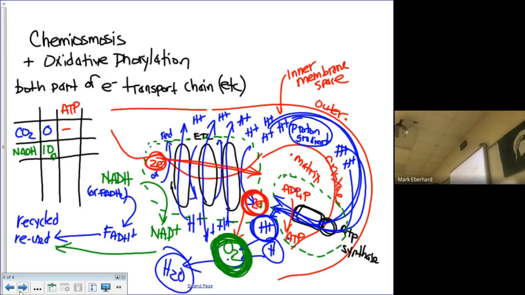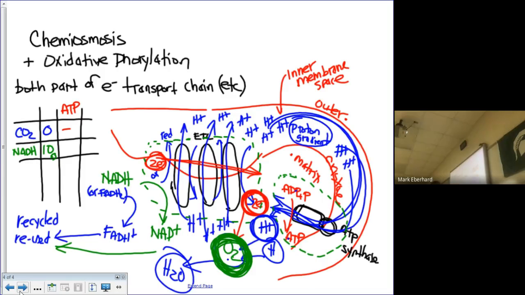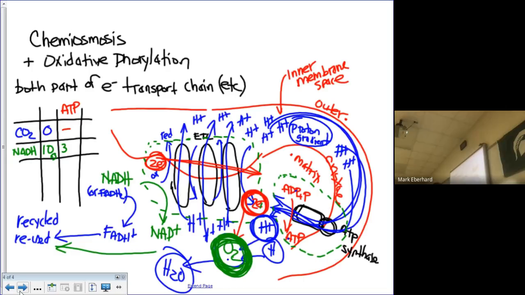There's nothing that comes out of this. So for every NADH, you can produce 3. It says times 3. So 10 times 3, that means we've got 30. That means we can produce 30 ATP from the NADH that was produced in the earlier reactions.